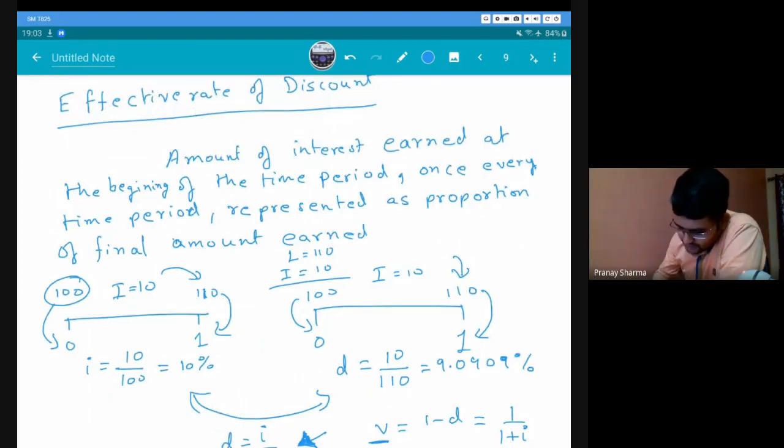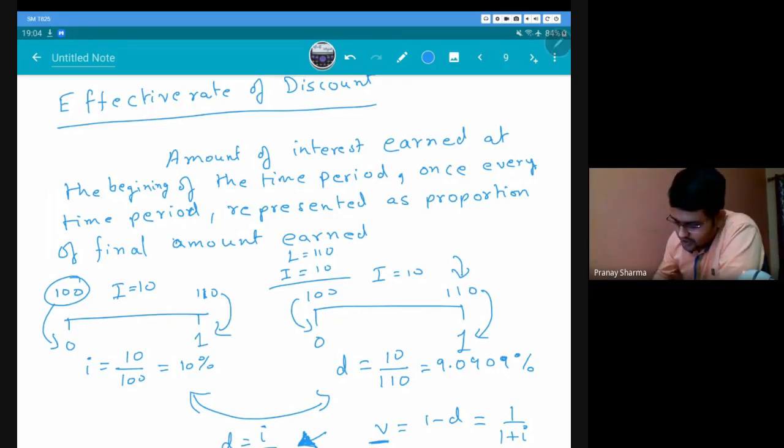So here what we said was, give me 100 rupees and I'll give you 100 rupees if you pay me 10 rupees as interest. Just pay me the interest at the end of the year. So on every 100 rupees I'm charging you 10 rupees as interest. That's the simple concept. So the interest rate becomes 10 upon 100.